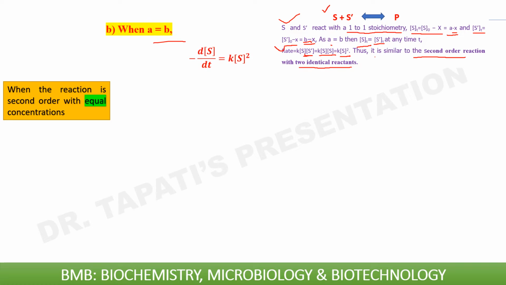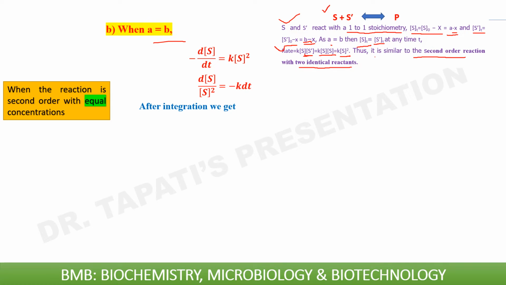So we can write it this way: minus dS by dt is equal to K S square, or we can write it this way: minus dS by S square is equal to K dt.